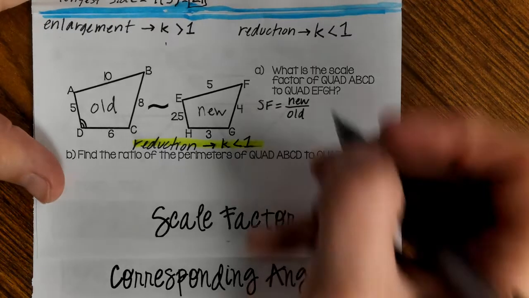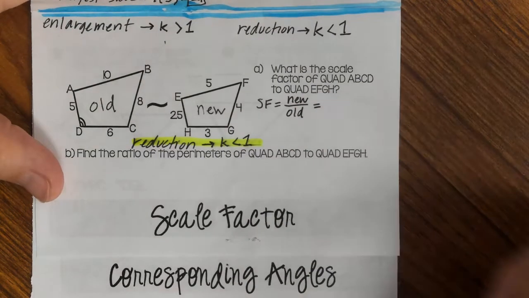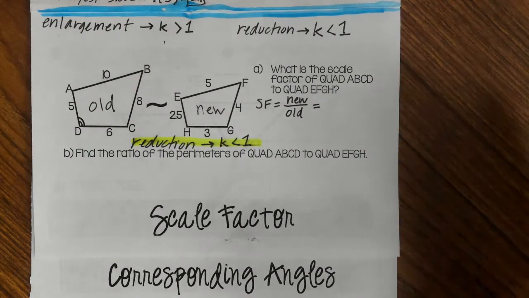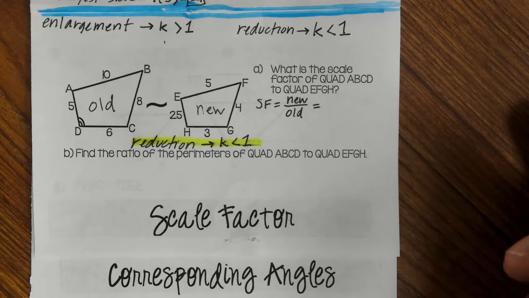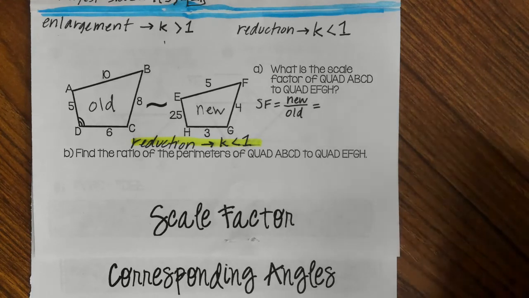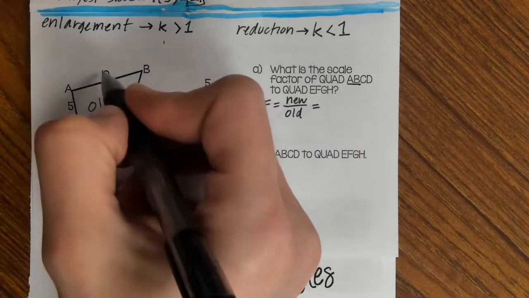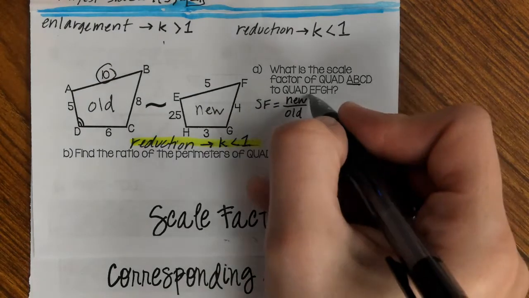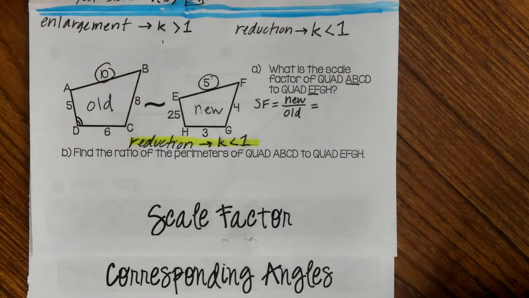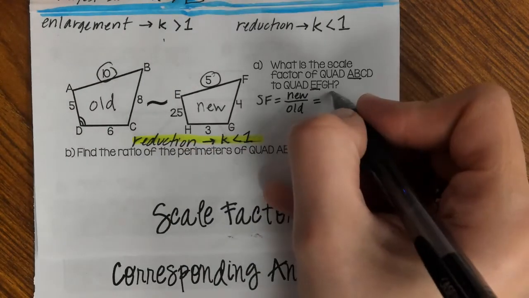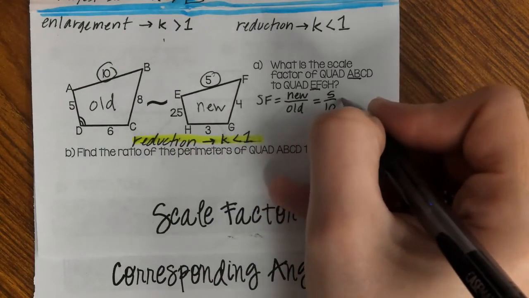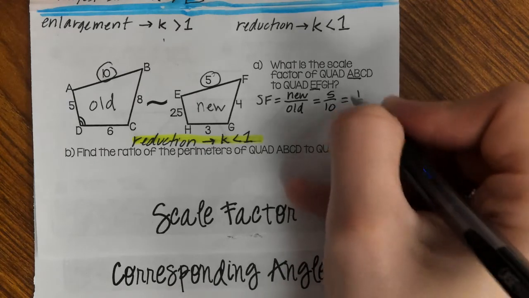Now when we do our new over old, all you need to do is find one pair of corresponding sides. And it doesn't matter which ones you choose, okay? In this case, I'm just going to go ahead and grab the first two letters in the names. I have AB, which will be this 10, and EF, which will be the 5. Remembering that new goes on top, old goes on bottom, we get our 5 over 10, which then simplifies to 1/2.